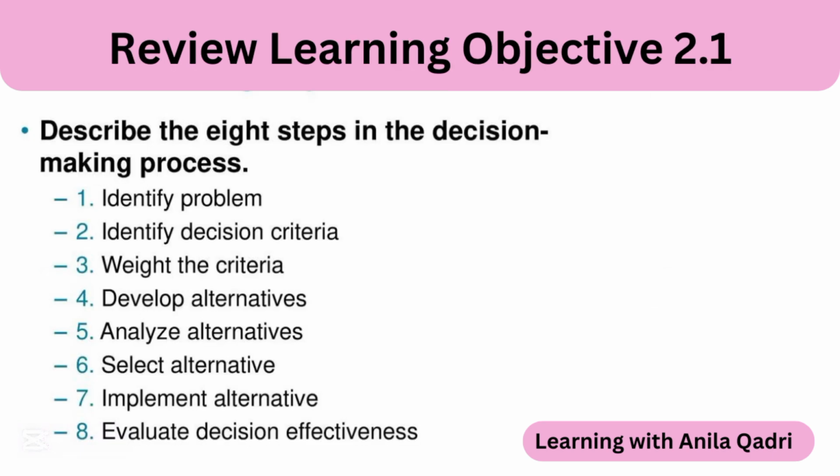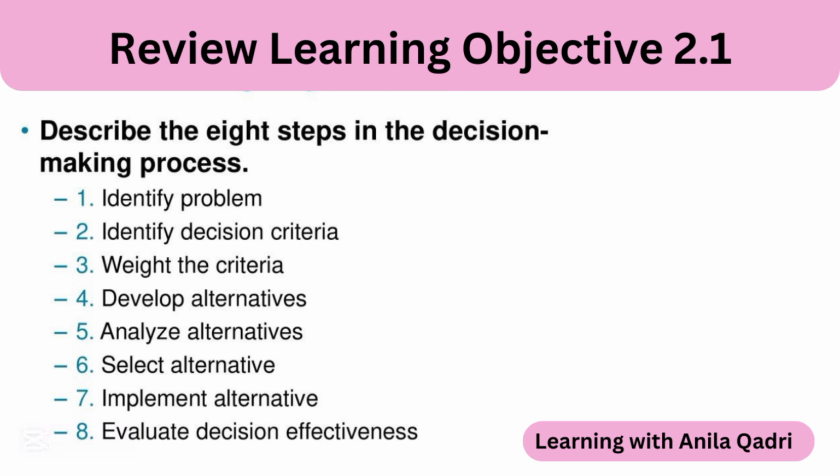So guys, now we are on Review Learning Objective 2.1. Question 1. Describe the 8 steps in the decision-making process. Number 1, identify the problem. Number 2, identify decision criteria. Number 3, weight the criteria.